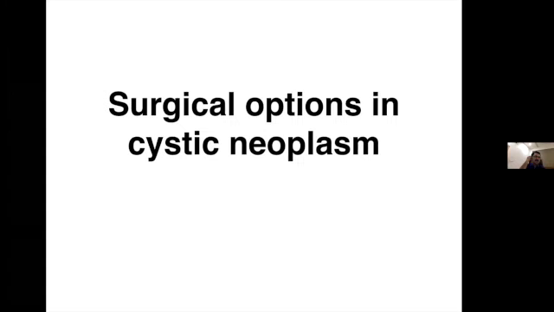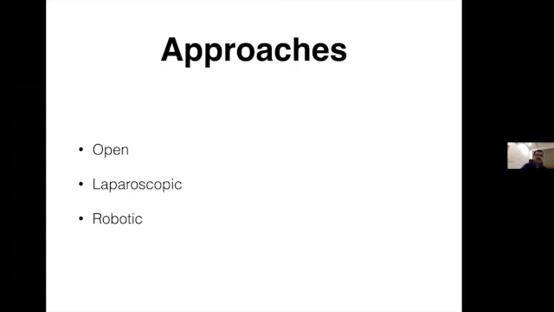So after this, we'll consider what are the surgical options in cystic neoplasm. So depending upon the location of the cyst, we can consider various surgical procedures. There are 3 approaches for all surgeries now. One is open approach, second is laparoscopic approach, and third is robotic approach.